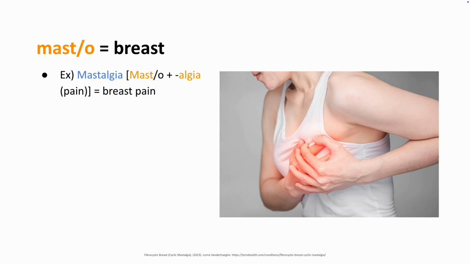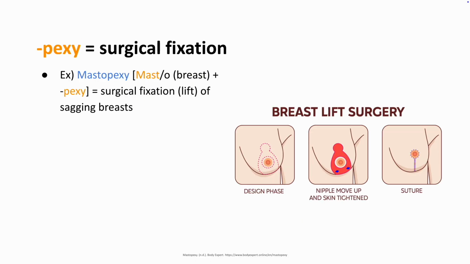And suffix pexy is a suffix that means surgical fixation of something. So one example is mastopexy, so masto breast, and suffix pexy surgical fixation. So surgical fixation of breast, which is basically a breast lifting surgery.